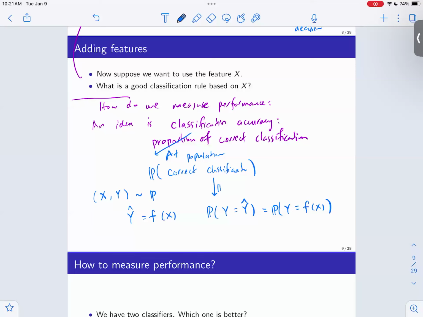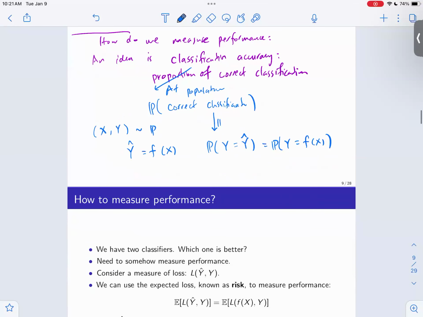Usually in machine learning, people look at the accuracy, but I'm going to look at the misclassification rate rather than the classification rate, which is 1 minus accuracy. They're equivalent.